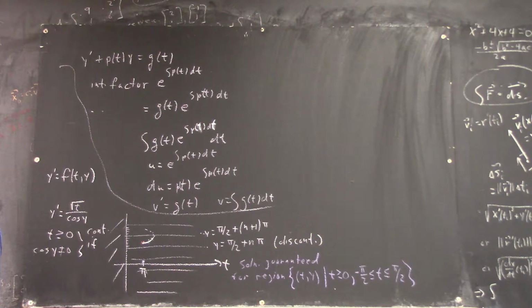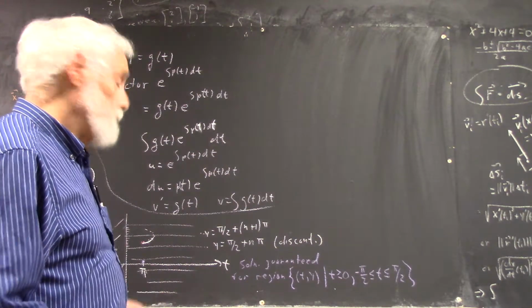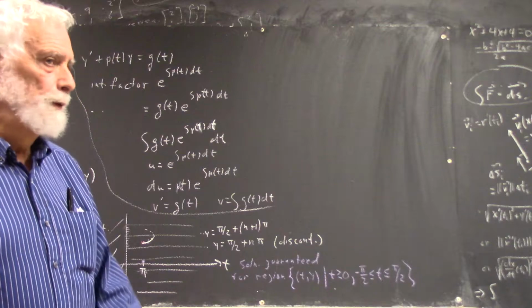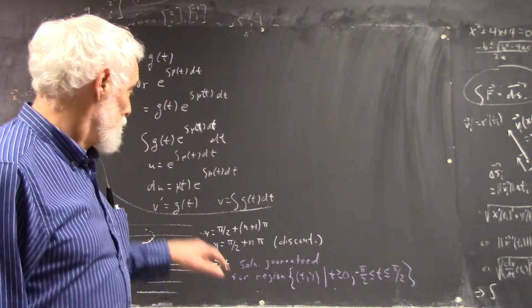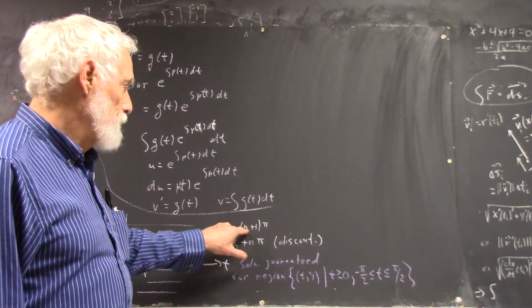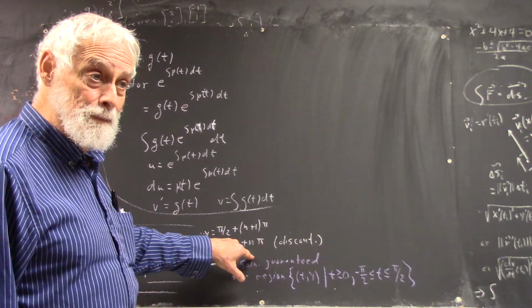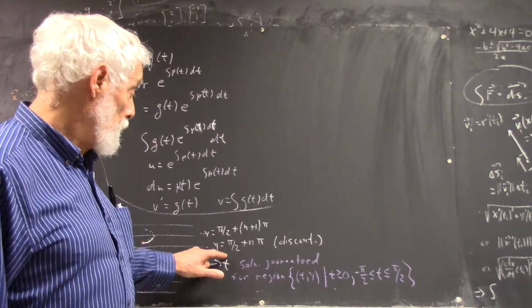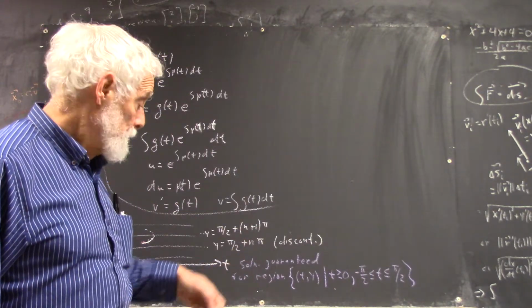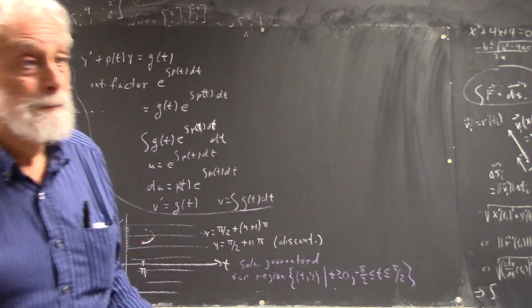Okay? Now if it said y of pi equals 493.7, you'd have to figure out for what values of n that number would fall between here and here. But that's simple inequalities. Okay?